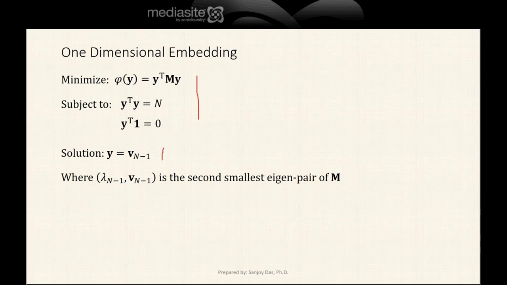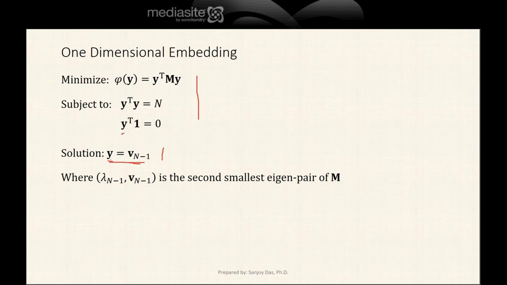If we let this vector y equal the eigenvector Vn, which was a vector of 1s, that implies that all the sample points would be placed exactly at the same coordinate 1, because we are looking at one-dimensional embedding. So we have to disallow this.